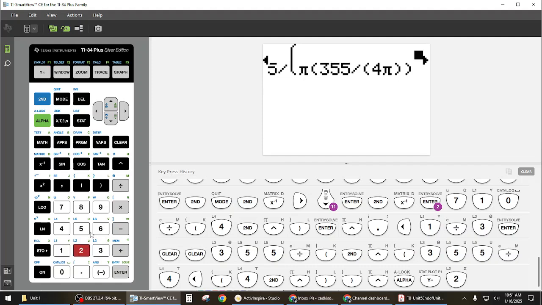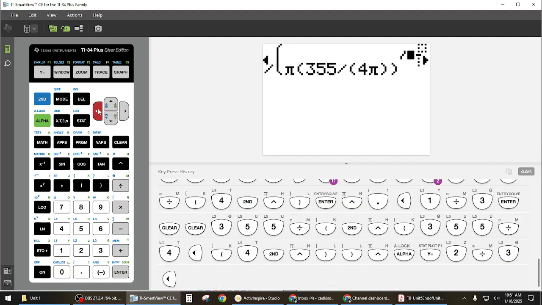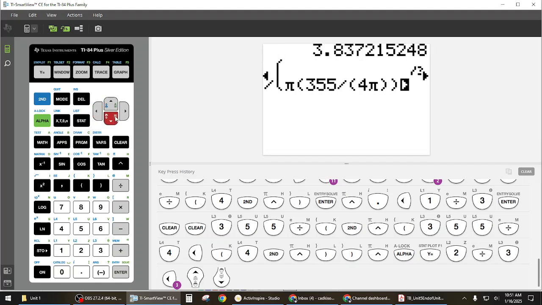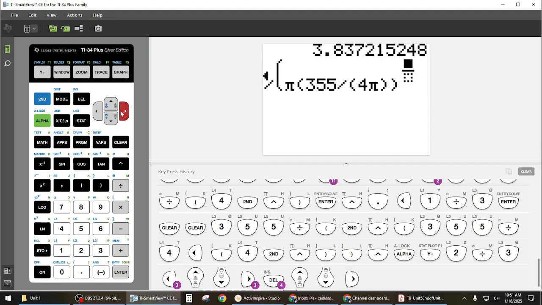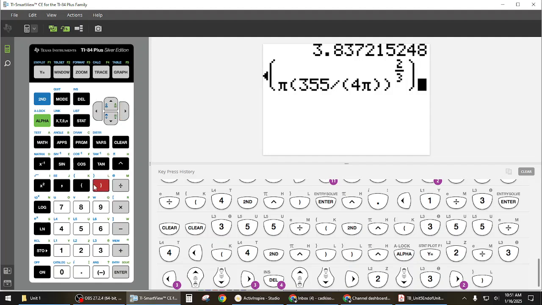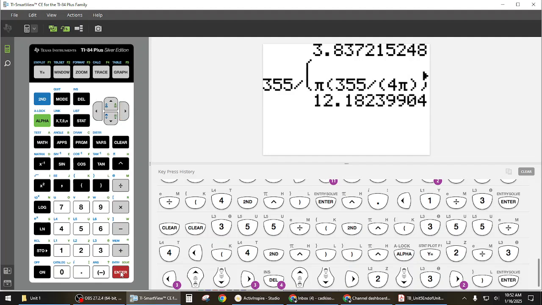I should be using our calculator, sorry. Oh, come on, calculator. It's all screwed up now. Two-thirds. There we go. Parentheses around all of it. I must have punched it in wrong after all that.